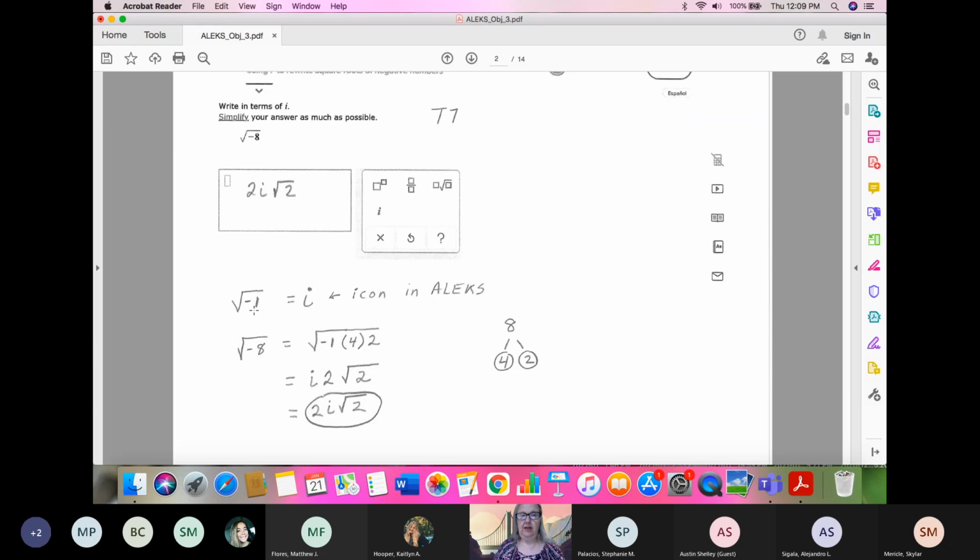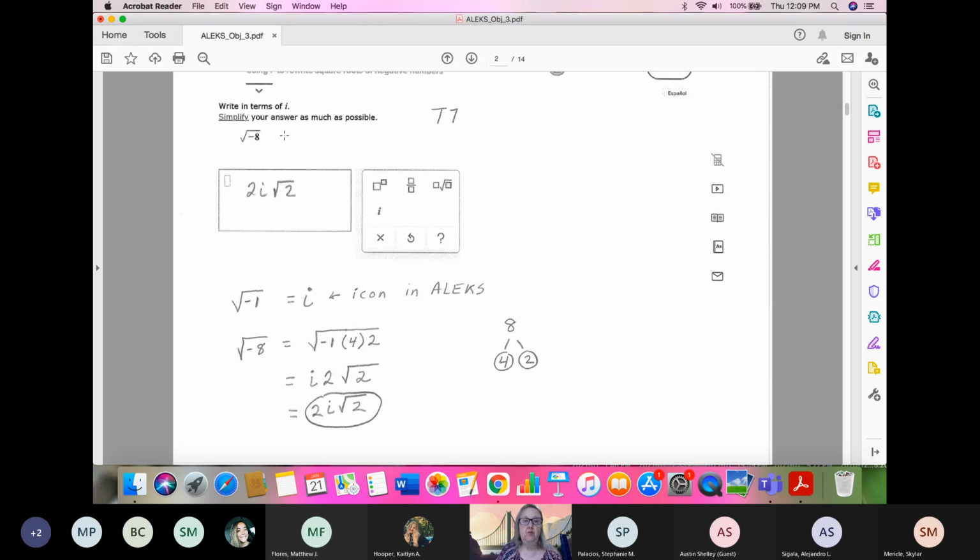So I copied that down here, that formula, if you will, or that important piece of information. Square root of -1 is i. There is a special i icon in ALEKS. You may not be able to see it too well on this document, but it's right there.